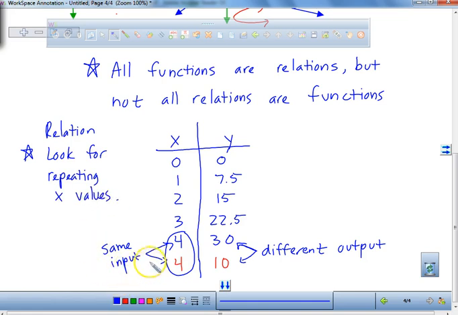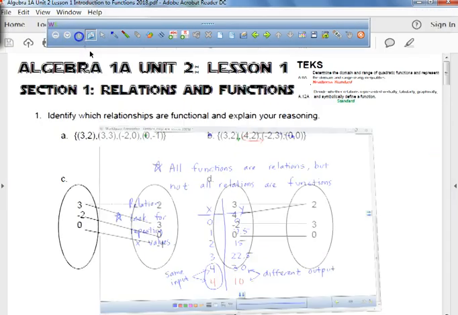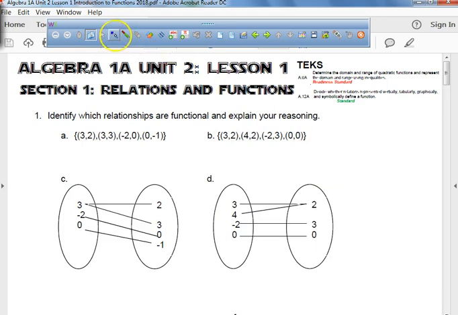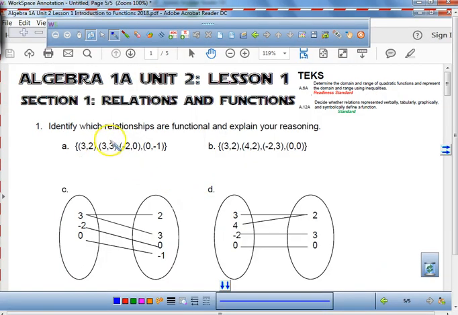X cannot repeat. I don't care what the y's look like. Don't worry about the y's. Make sure that if you have the same x value but 2 different outputs, that lets you know it's not a function.